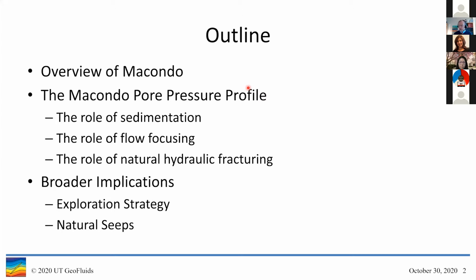I'm going to talk about the role of sedimentation. I'm going to talk about how permeable layers result in a redistribution of pressure. And then I'm going to talk about how there can be natural hydraulic fracturing that controls the pressure in the subsurface. And then I'll stop at the very end and briefly talk about some of the implications of these concepts for exploration strategy and natural seeps.